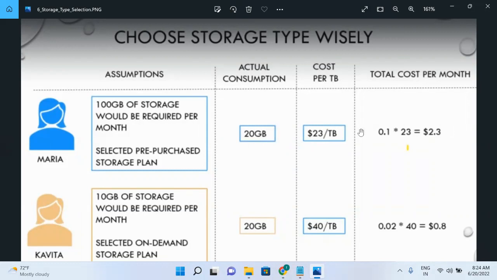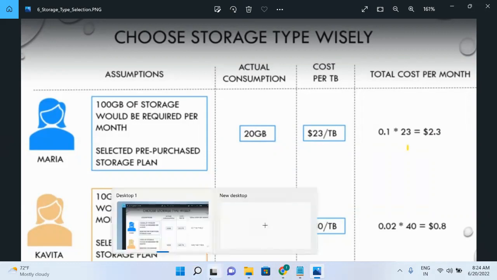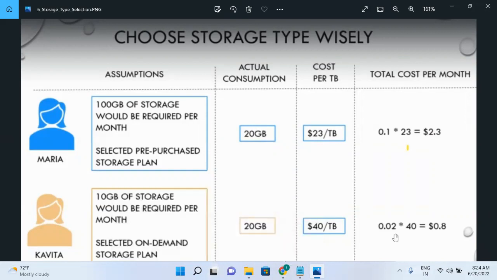This is pre-purchased. Now, when it comes to on demand, observe this one: their assumption is 10 GB only. But the actual utilization is the same, 20 GB. They selected on demand, pay after utilization. When it comes to on demand, the price is $40 per terabyte.